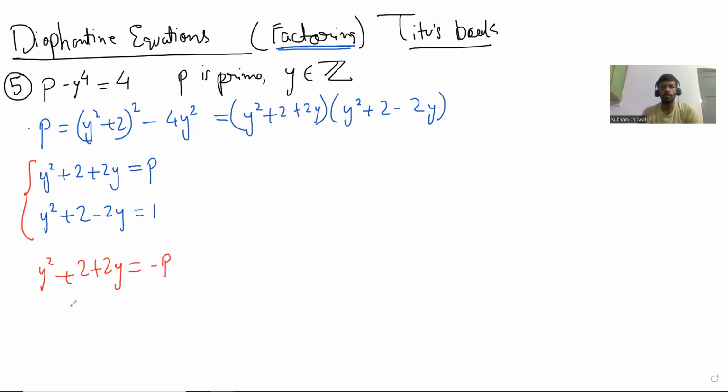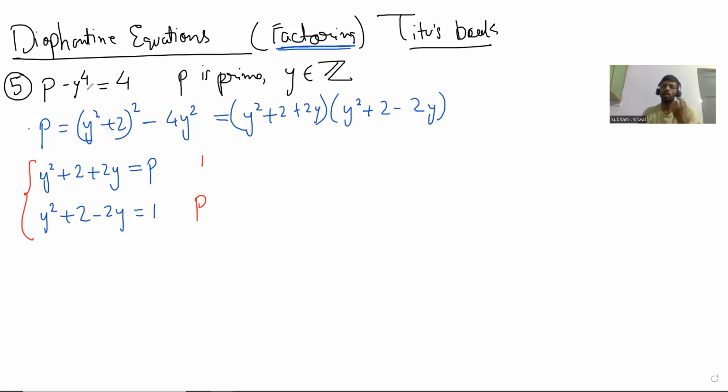But tell me, will you be considering this thing? No, right? It's not possible for this thing to be negative. So already you have cut that out. Now I'm saying that you don't even need to consider this situation, because if y is a solution, then -y is also a solution.